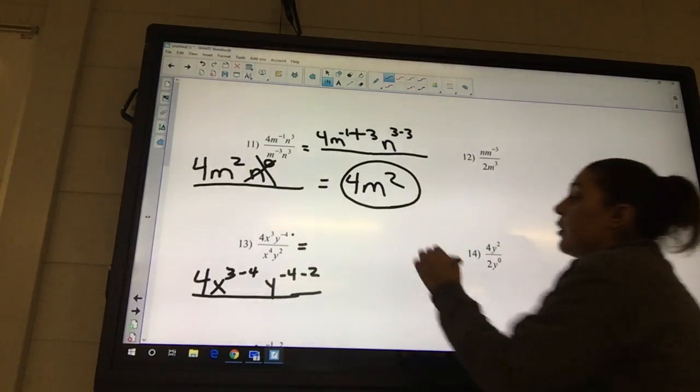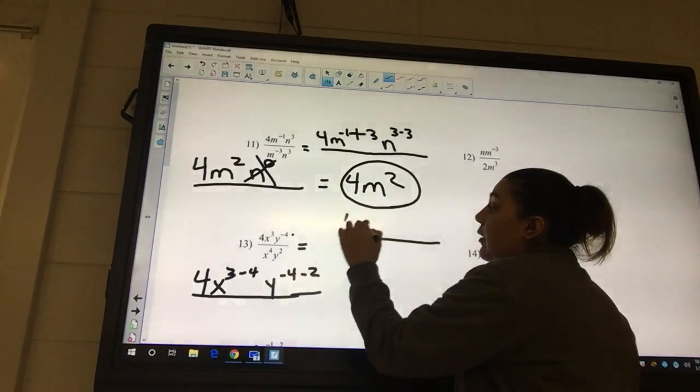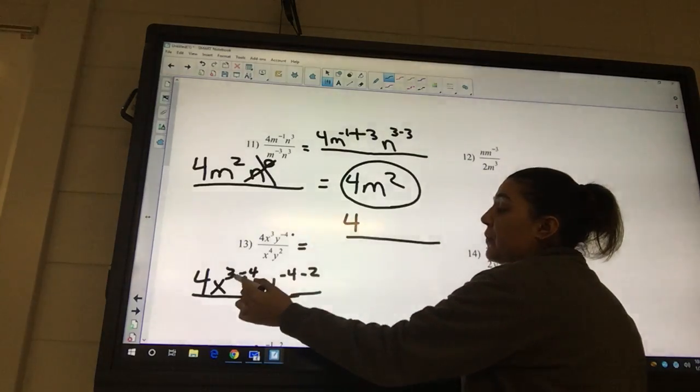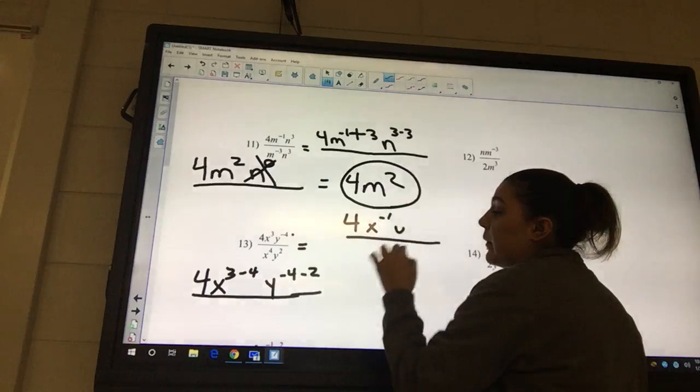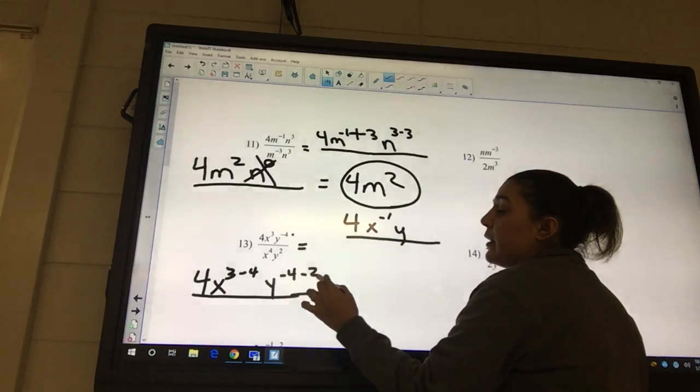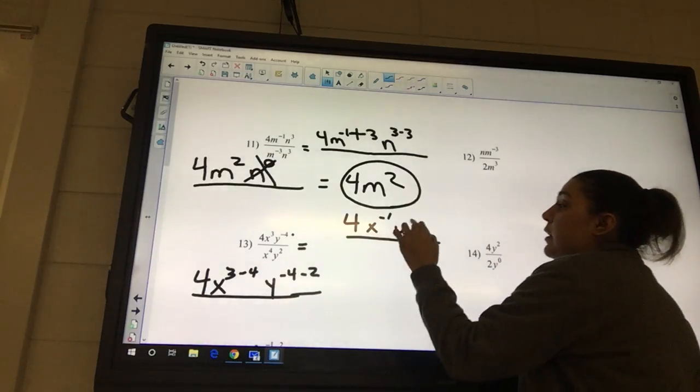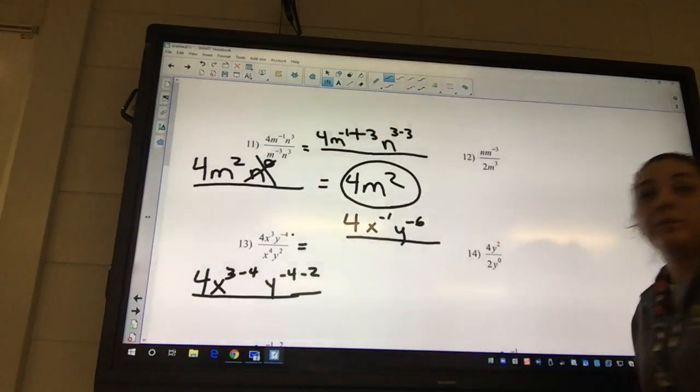Okay, so we can draw our fraction bar. And we got a 4. 3 minus 4 is going to be -1. -4 minus 2 is going to be -6.